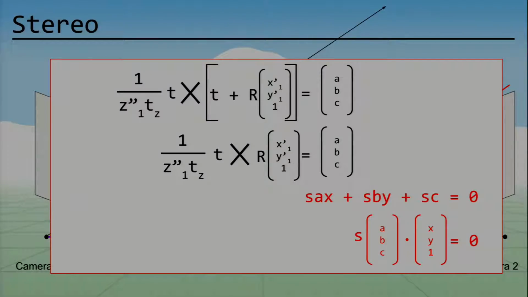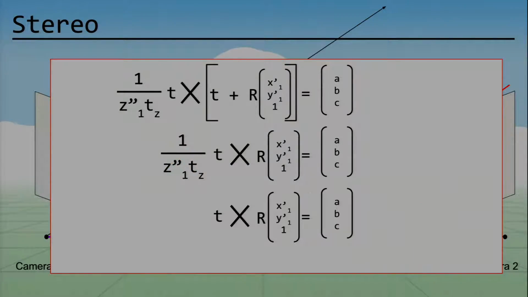So what this means for our equations here is that scalar multiples, when we're computing this line, actually don't matter. So we can just get rid of this scalar multiple over here, because this is just dividing by the z values, which if we multiply it over is just multiplying by the z values. And like we said, multiplying by a scalar for this equation of a line doesn't matter. So it goes away, and we're left with this.